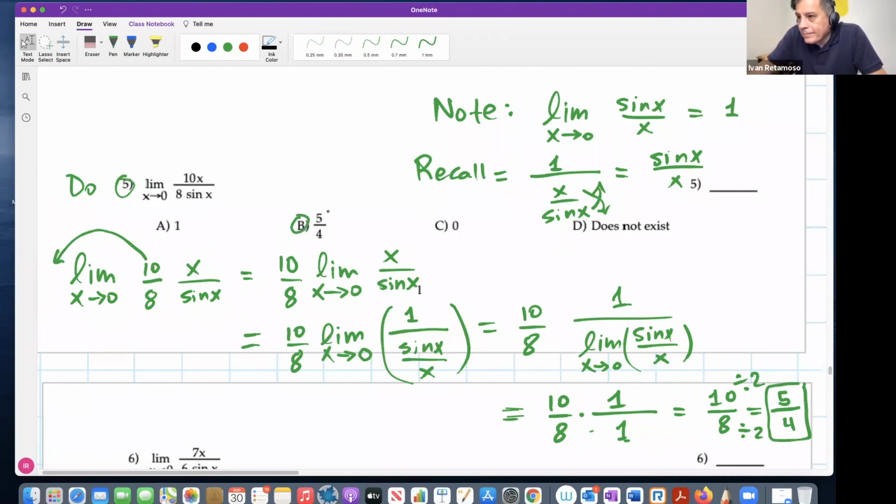So basically, if you are dealing with this limit, x over sine of x as x approaches 0, that is also equal to 1. This is what this is saying, right? So property 3, you're going to need all these properties for your homework.